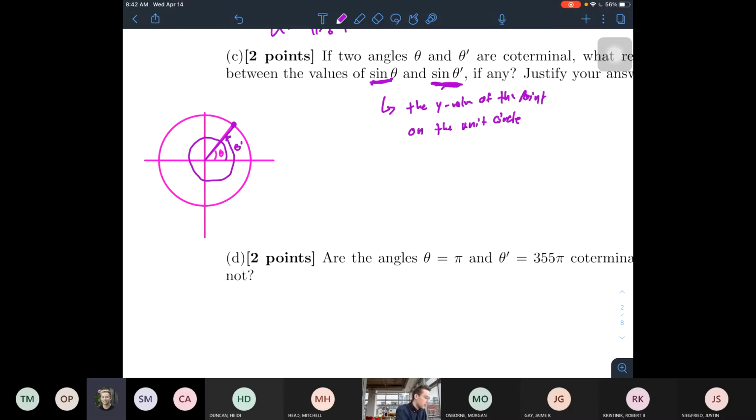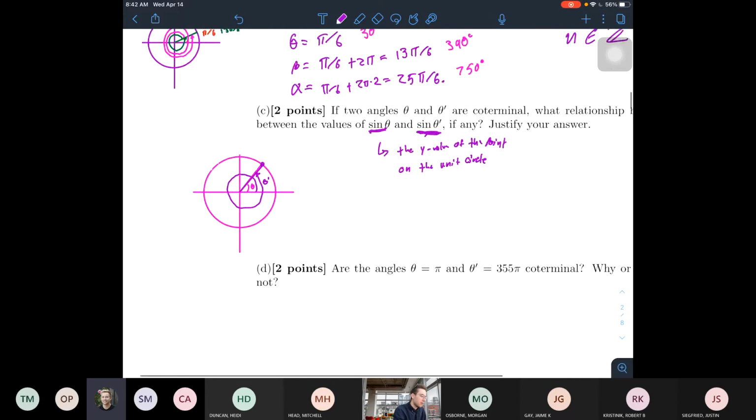So yeah, probably one of our angles would be like a reference angle, which would be between 0 and 360. And then the other one, if we want it to be coterminal, we're going to need to add plus or minus 2 pi. So that will probably push us out of that interval for the second one.